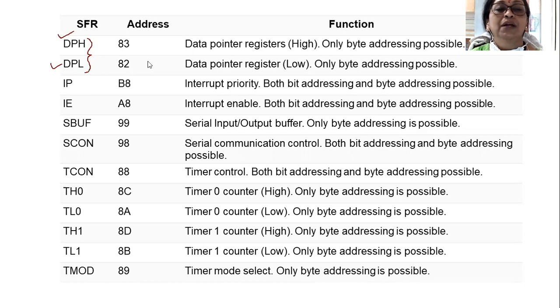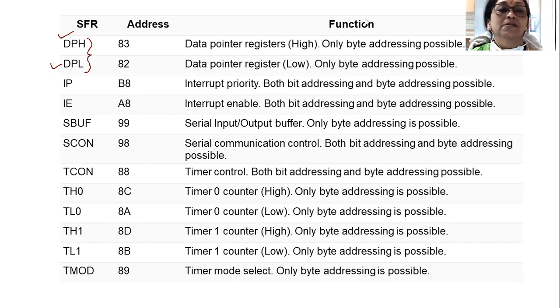The DPL register, data pointer register lower byte, is also only byte addressable. Are you clear about this? The address of DPH is 83 hexadecimal and that of DPL is 82 hexadecimal.